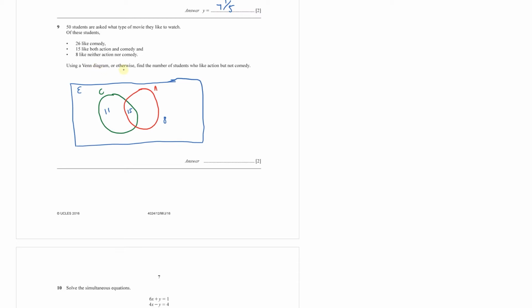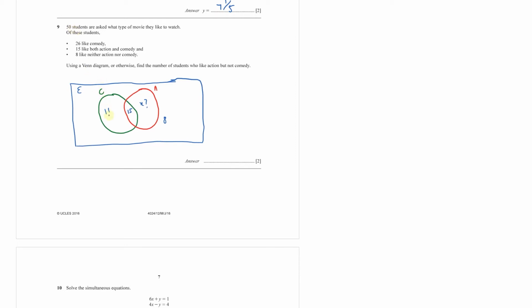So using the Venn diagram or otherwise, find the number of students who like action but not comedy. So we have to find the number of students who will be in this area who only like action movies but not comedy movies. So let's call this X. And that basically covers your whole universal set as well. So you have 50 students in total.